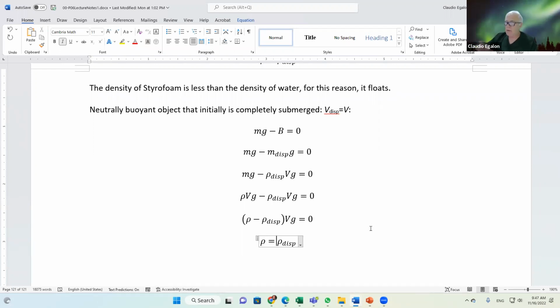If the object floats in the water, it means that the overall object has an overall density that's less than the density of water. That's a very easy experiment that you can do at home. You can get a solid piece of iron, put it on the water, it's going to sink.